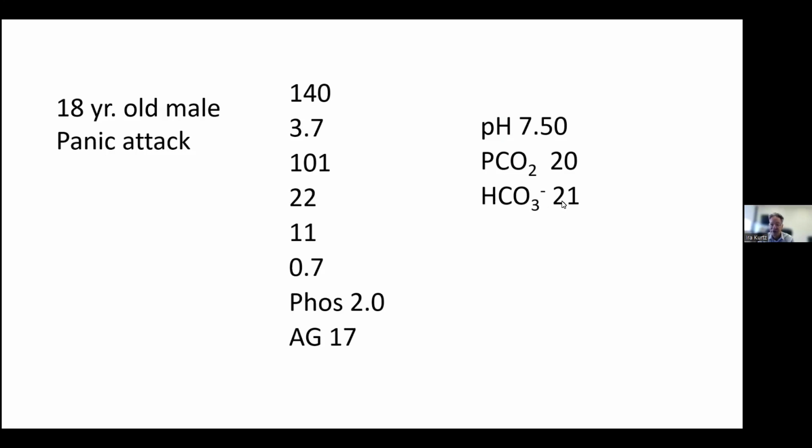It's going to fall another 6 beyond the acute fall here, once you've reached so-called chronicity. But what that does is it returns the pH back almost close to normal. So initially you have this fall in the PCO2, a modest fall in the bicarbonate, that's your pH. You keep this at 20, and this keeps falling until you reach the chronic steady state. You do the math, the pH is going to be around 7.4.